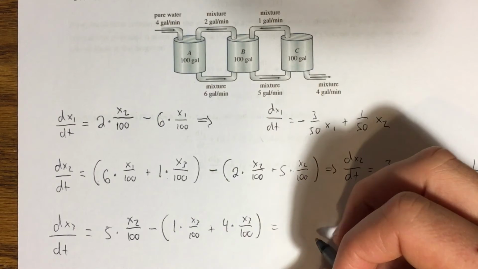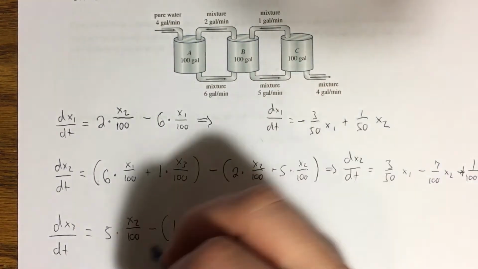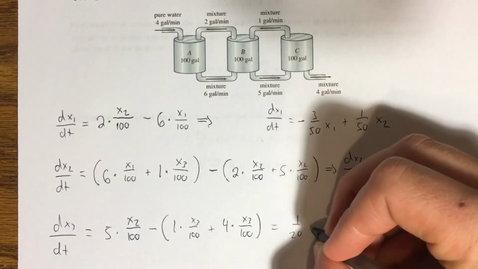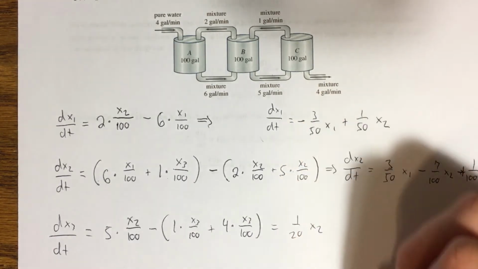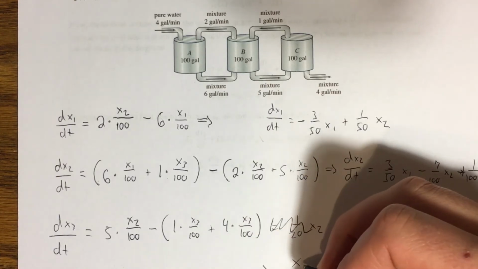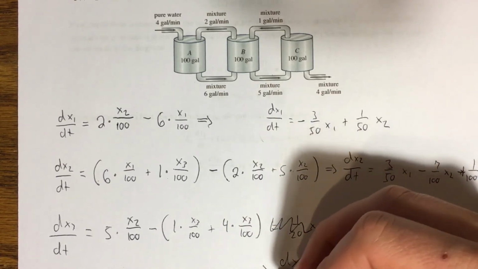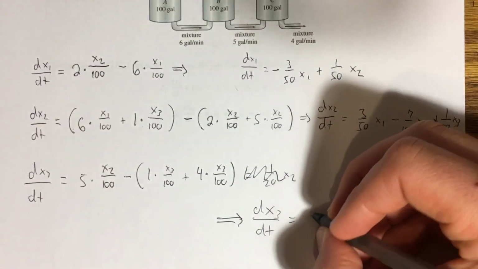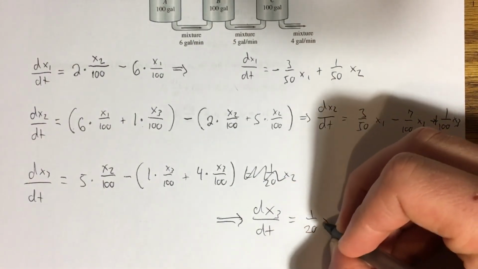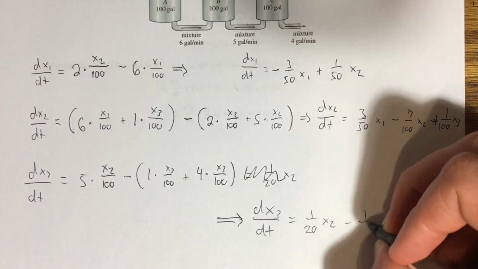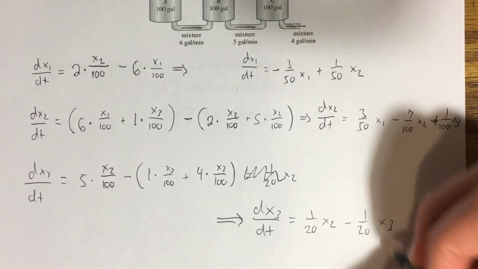This simplifies down. Sorry, let me write that differently. dx3/dt equals 1/20 x2. The outflows add up to 5 x3 over 100, which is minus 1/20 x3.